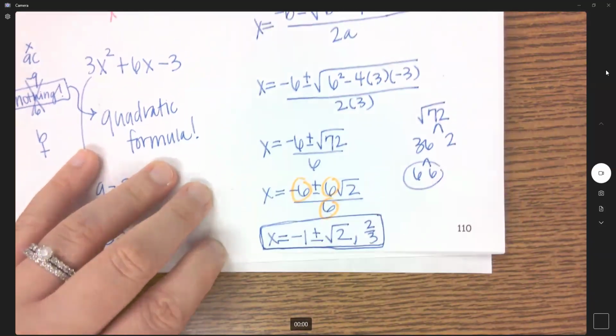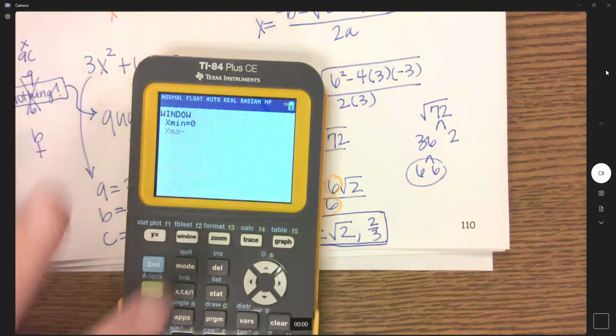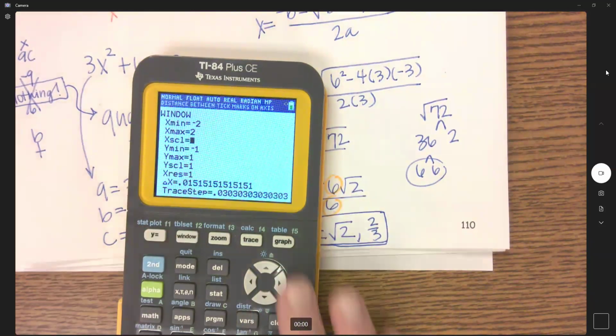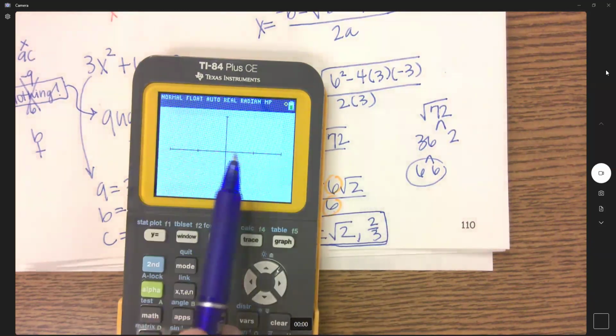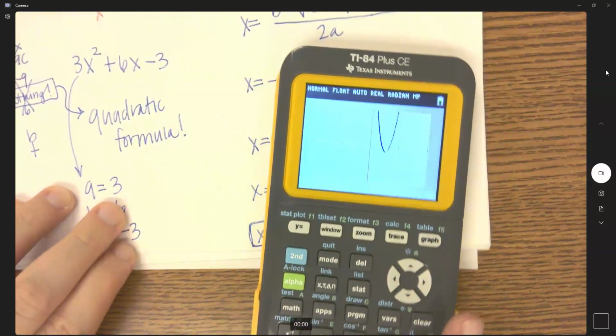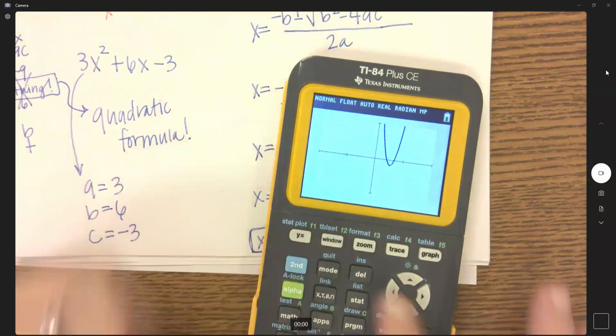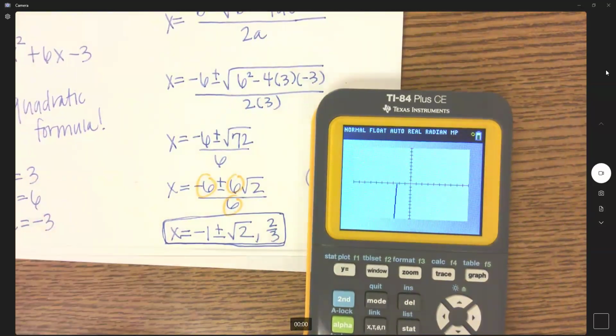Now, if you're wondering why when I graphed and I did -2 to 2, did I not see another one here? Because we did see 2 of them right here. And it's because I need to zoom out even more. So let's just go zoom 6 and see if we can see both of them. There's the other one.